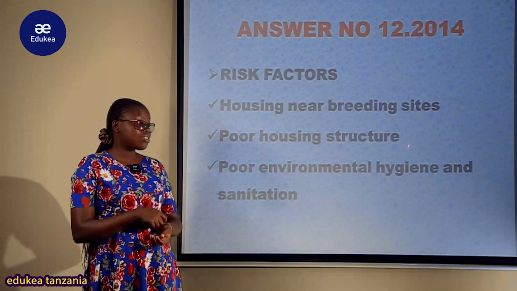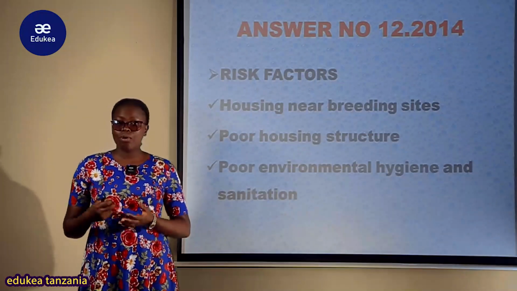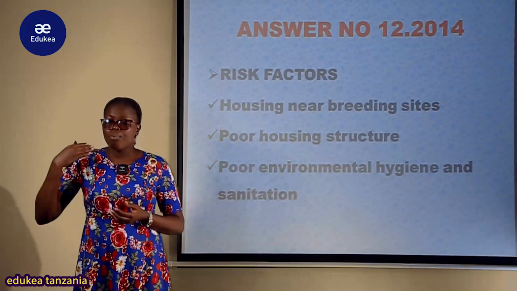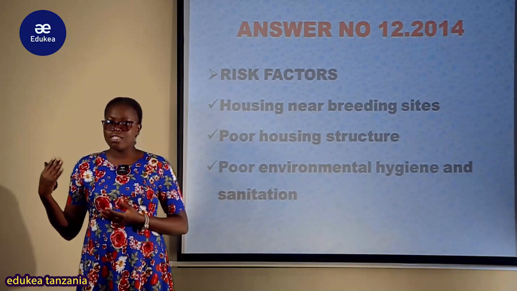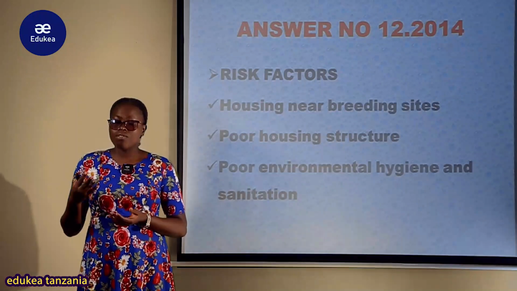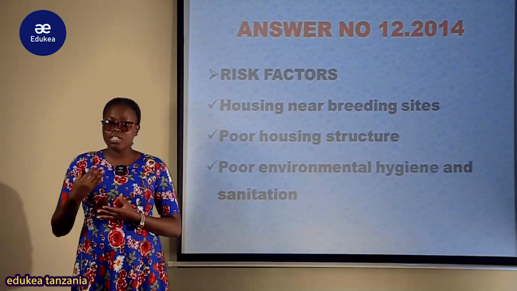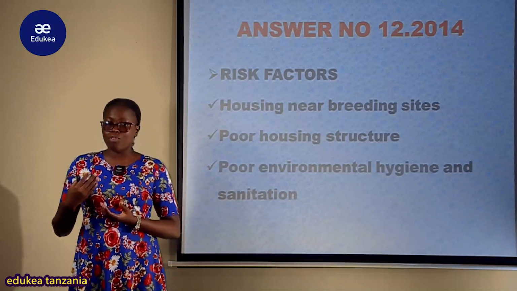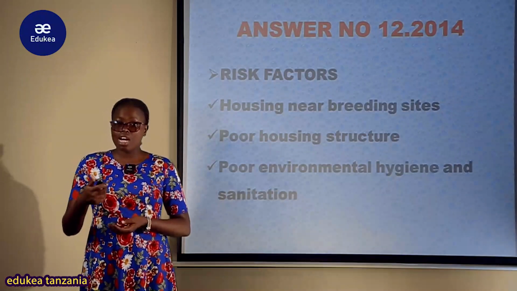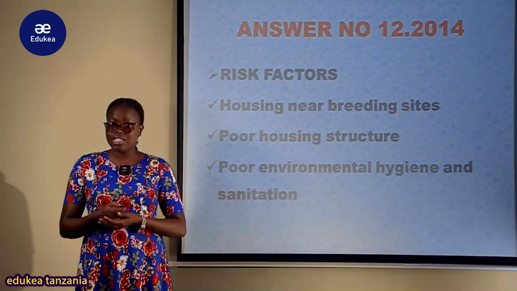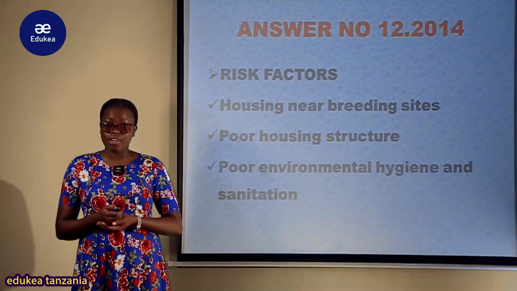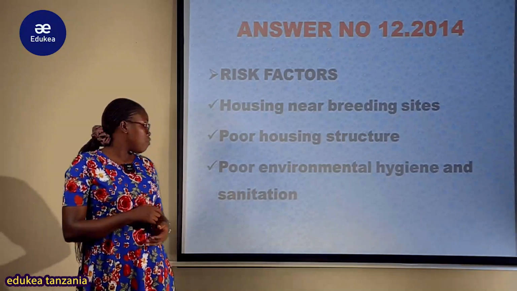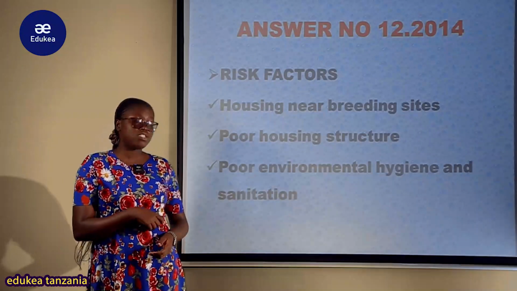Also, poor housing structure and poor housing hygiene, and living in houses where there are no toilets. Poor sanitation can facilitate the breeding rate of the female Anopheles mosquitoes, as can poor environmental hygiene and sanitation.